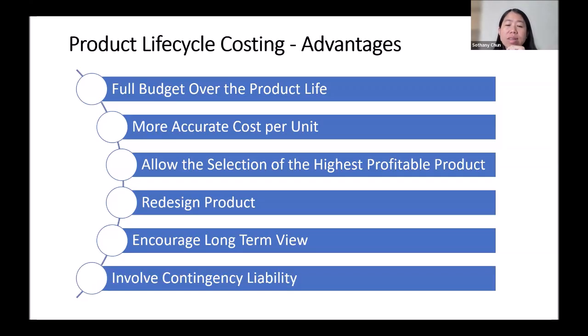And the contingency liability, this is mainly the last stage, the end of life of the product itself. If we want to cease the production of our specific product and process, what are the costs that might be involved? With product lifecycle costing, we already factor this into our cost budget, meaning we have a contingency amount in there to cover this.